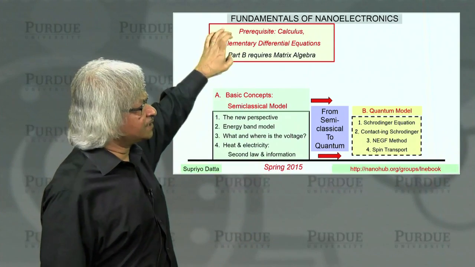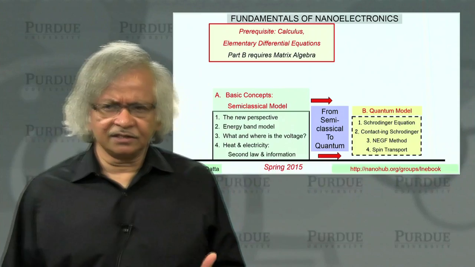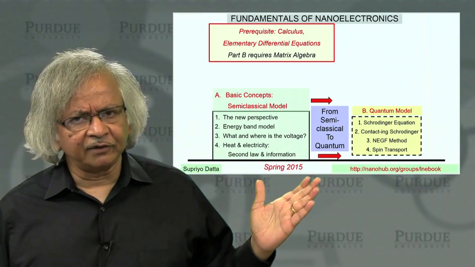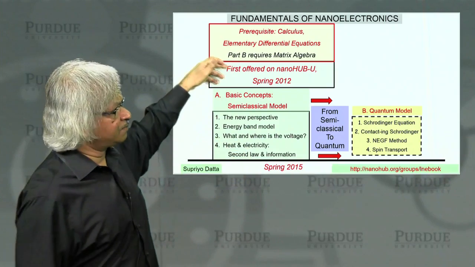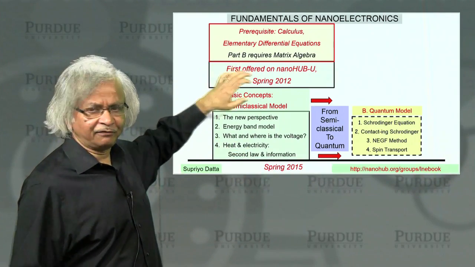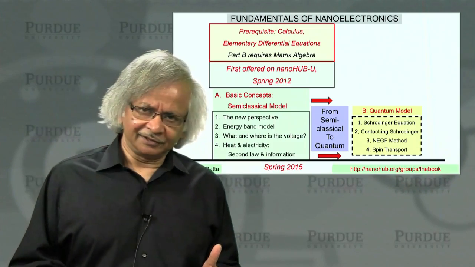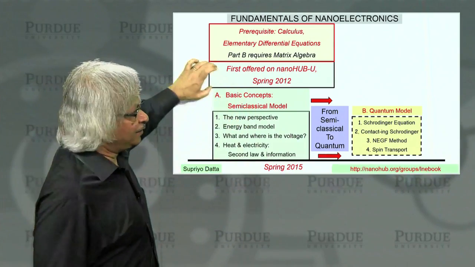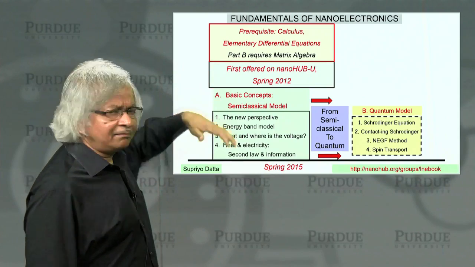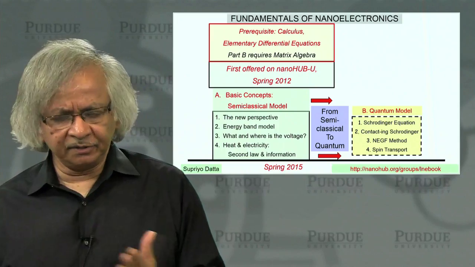And when we first did this, you see, I was worried whether we could really convey all these things with so few prerequisites. And I've been very encouraged by the response we got on our first offering about 3 years ago. I mean, no one complained they couldn't follow, I think. And they were very happy with the general presentation. But they gave me a lot of feedback on things that could be reorganized, could be done better.